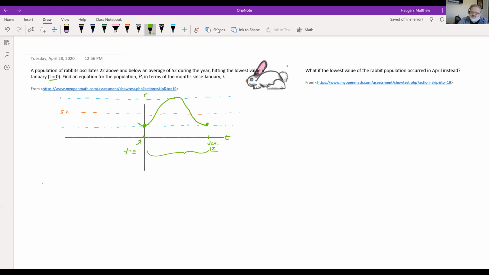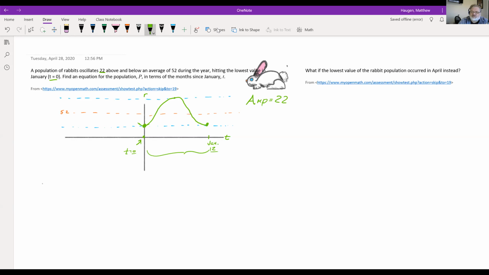So if we wanted to take this information and distill it, we have an amplitude. That amplitude is how far we displace from center. And they actually told us that quite directly, that 22. Now that's somewhat unusual.